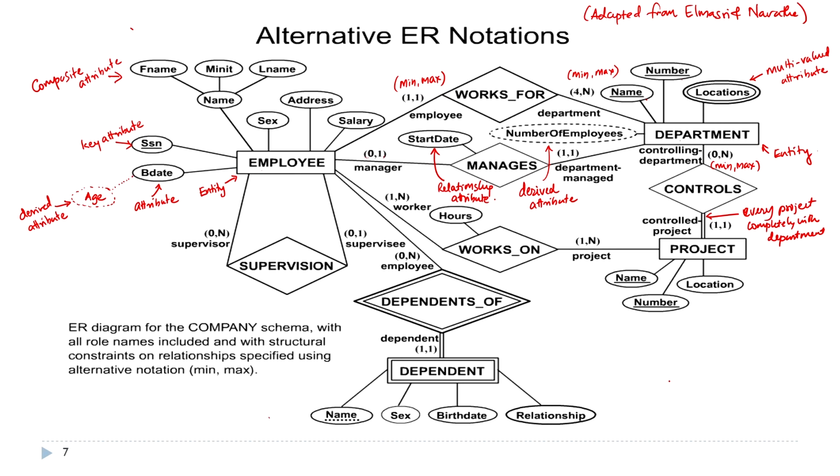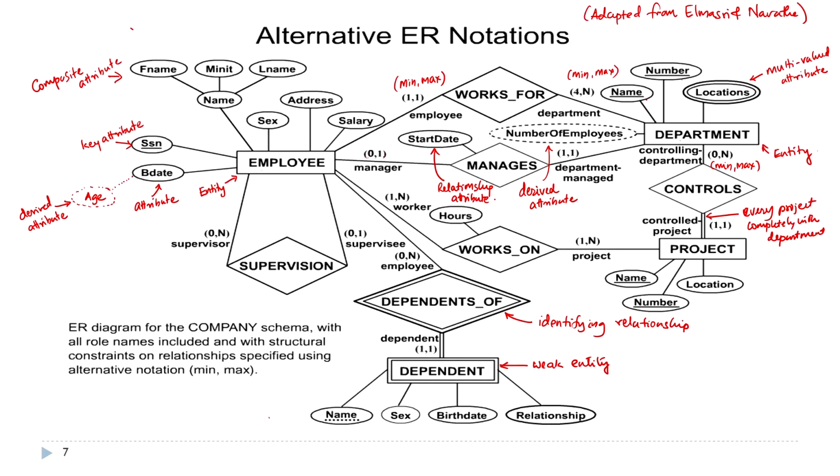Then another aspect you need to look at is, this is the identifying relationship. Okay. And dependent is what we call a weak entity. Why is it called a weak entity? Because the dependent will not have any existence unless there is an employee in the company, right.